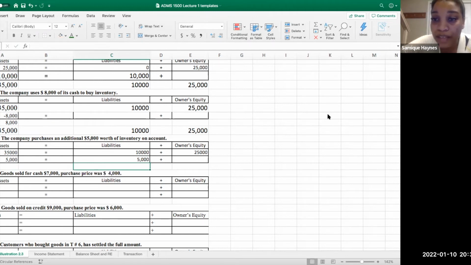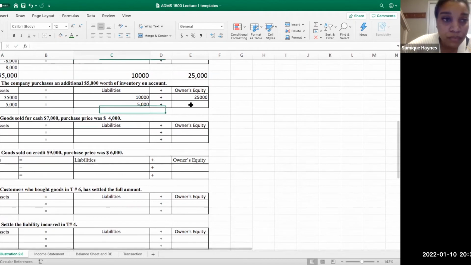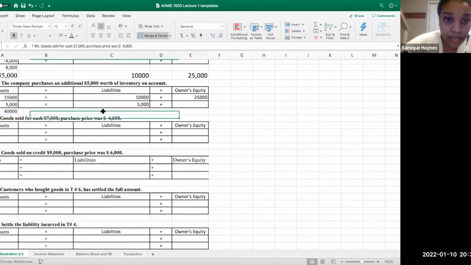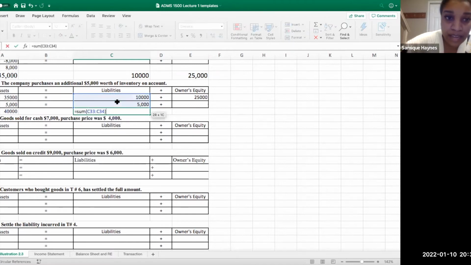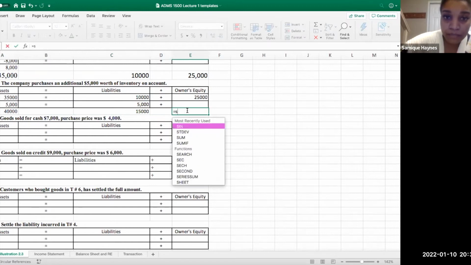How do we feel about that? Jacqueline says, I got it now. That's good. I like that. Okay. So now we have new figures here: assets is now 40,000, liabilities is now 15,000, and our equity remains the same.